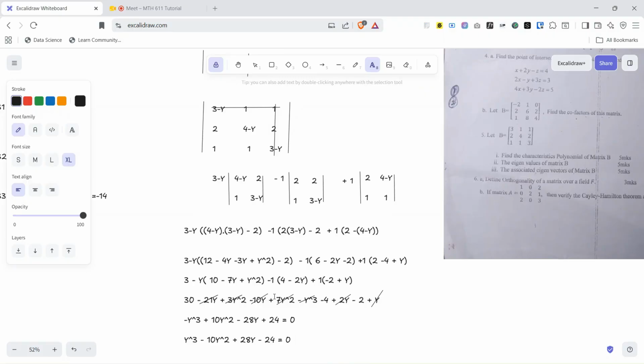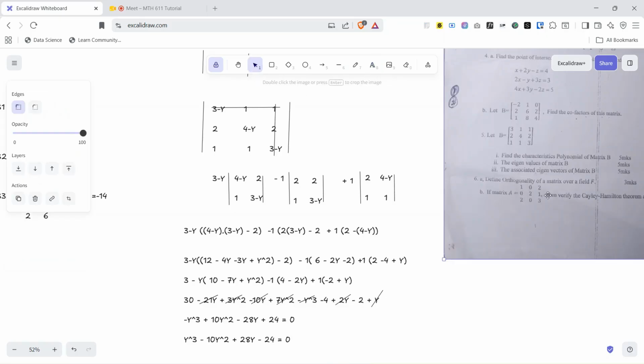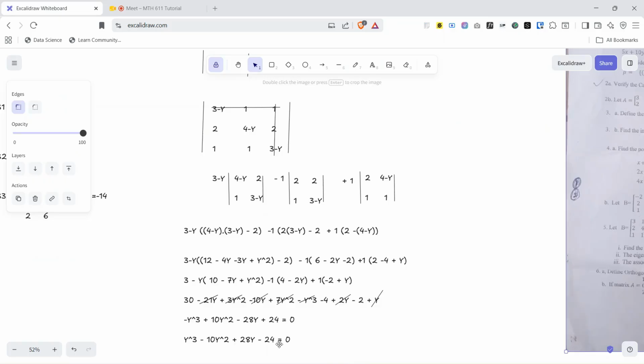So the next thing we want to find now is the eigenvalue of matrix B. Now, this is the long process. To get the eigenvalue of matrix B, we will have to solve this polynomial. We want to get lambda, basically.